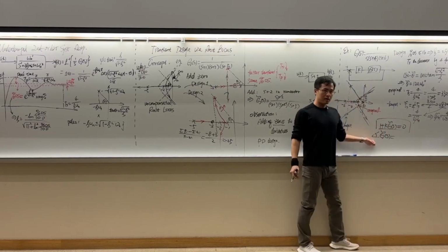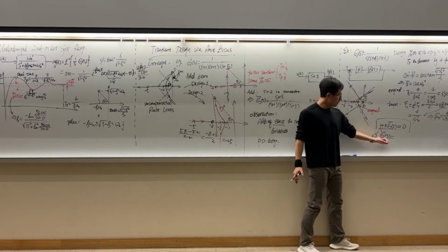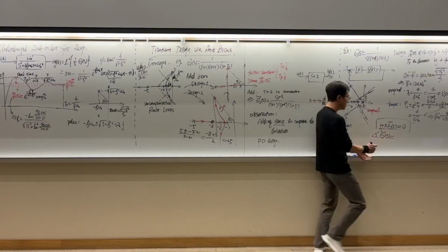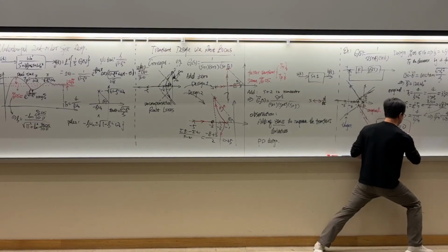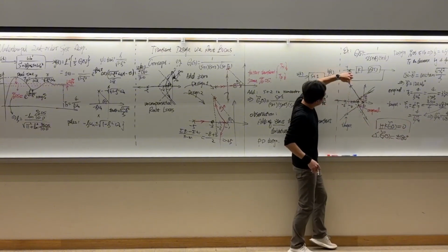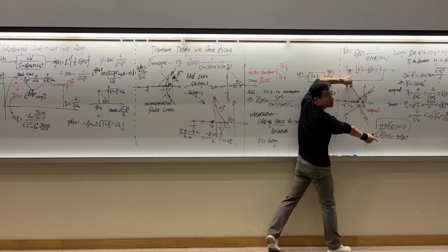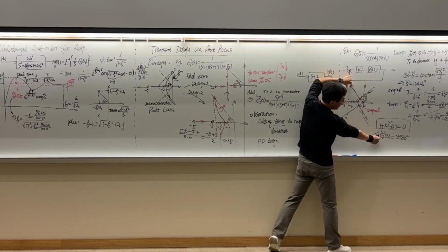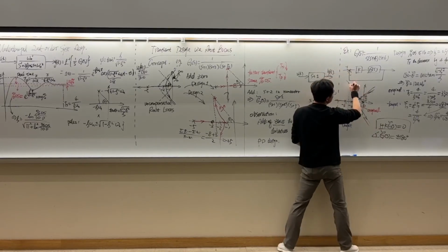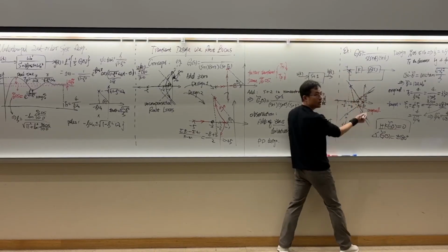And then the angle of g tilde of s should be plus or minus 180 degrees. Your location of this closed loop pole should make this condition true.